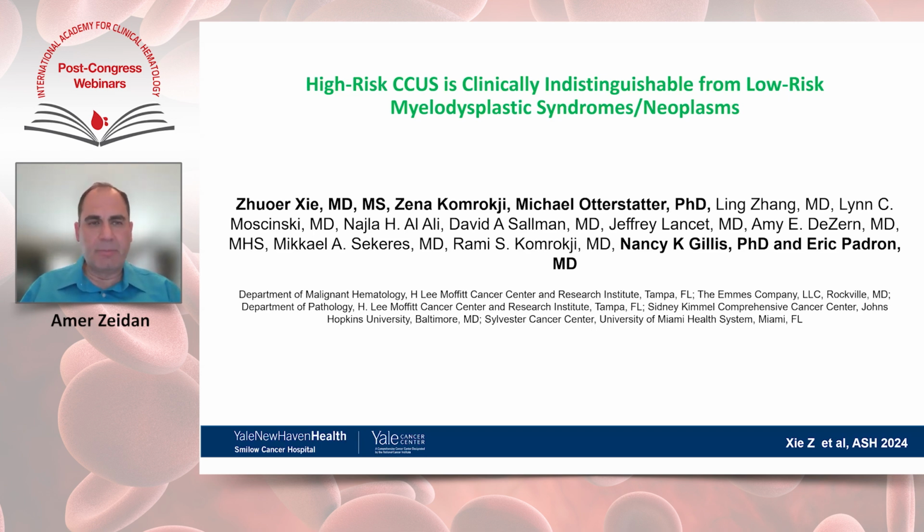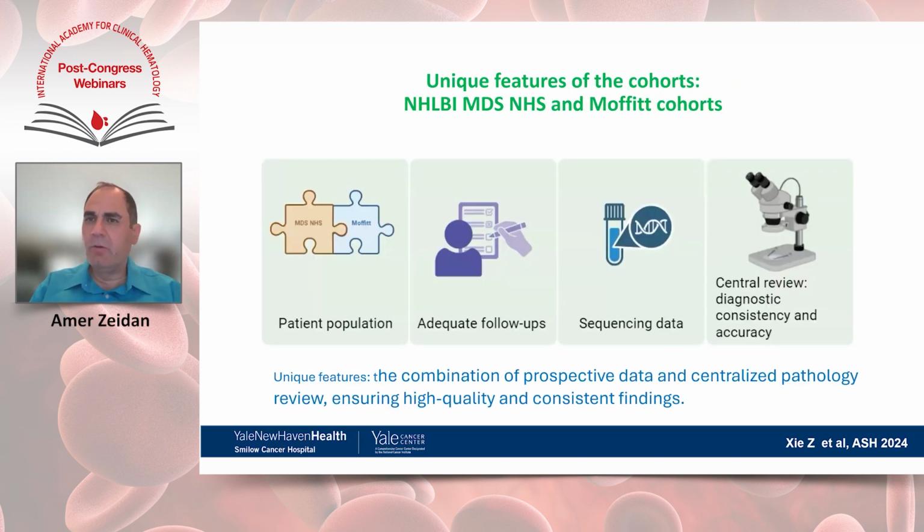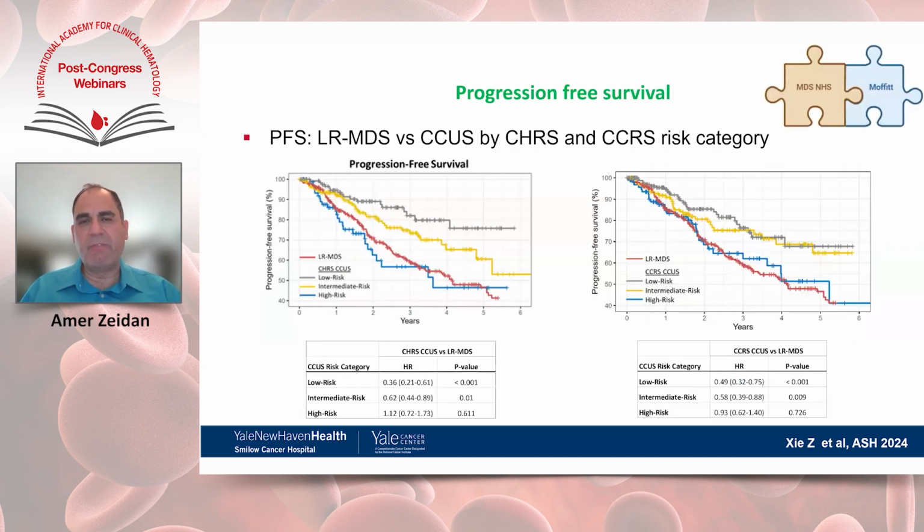So in this important presentation by Dr. Zeidan from Moffitt, they looked at high-risk CCUS versus lower-risk MDS, and they used the prospective registry supported by the NHLBI, as well as the Moffitt Cancer Center cohort to look at patient characteristics and have a central review of the pathology using a combination of prospective data and centralized pathology to ensure consistent findings.